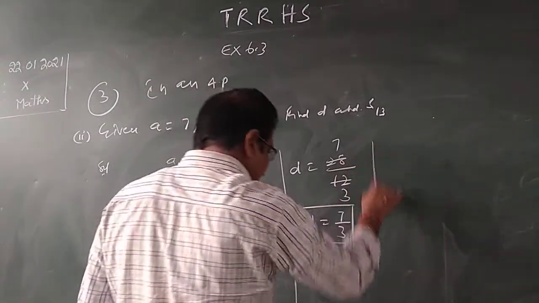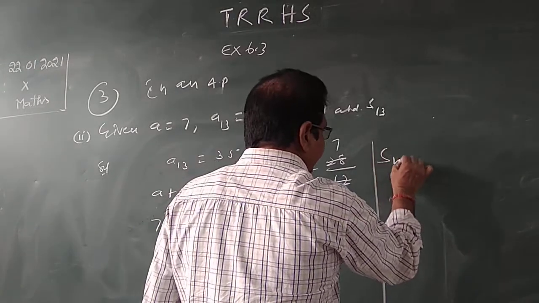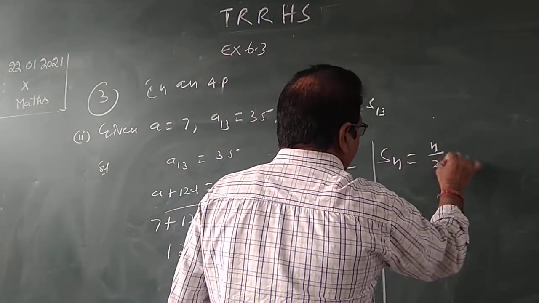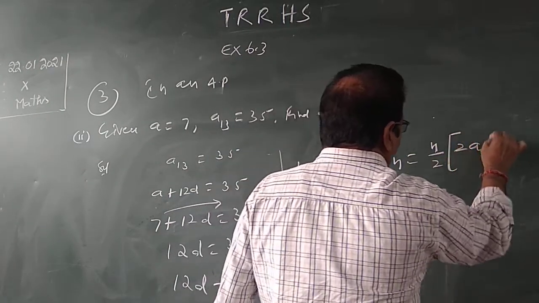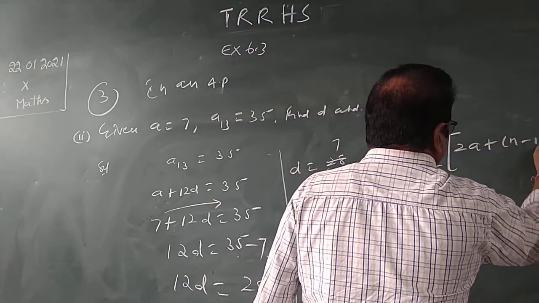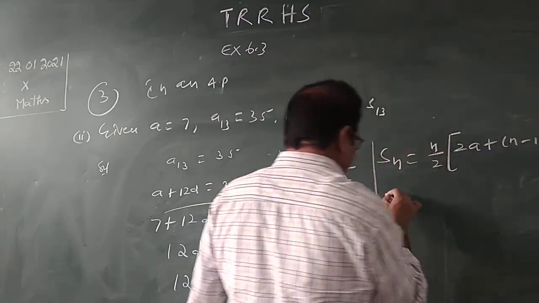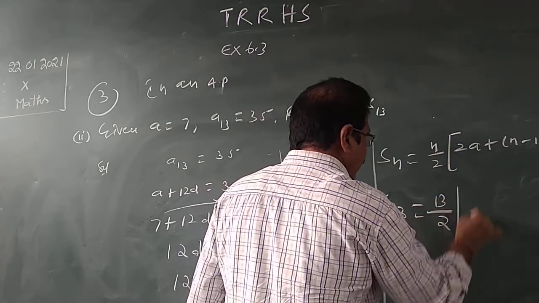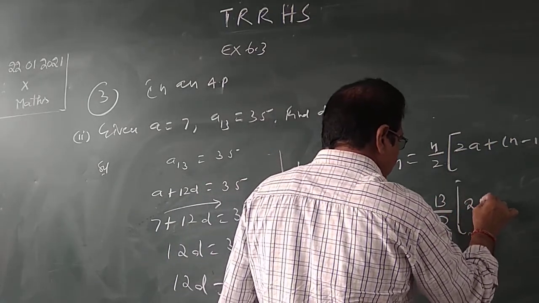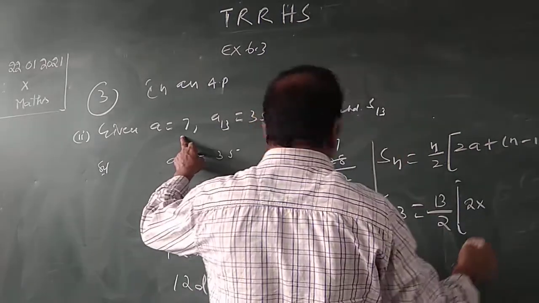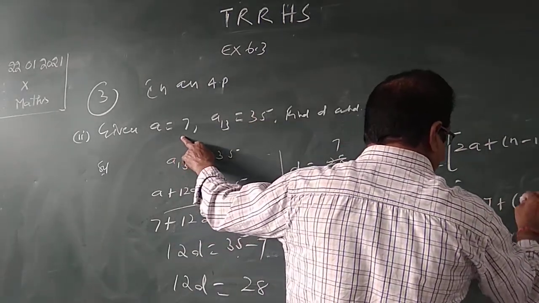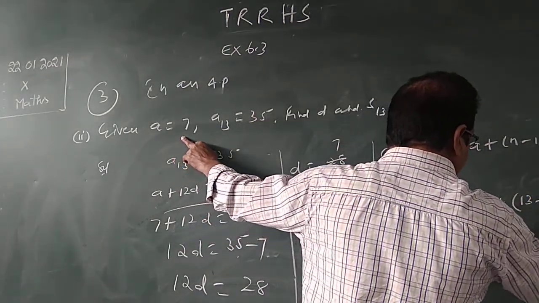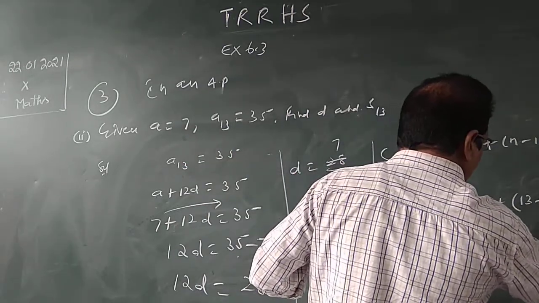Sum of the 13 terms. We know the formula: Sn is equal to n by 2 into 2a plus n minus 1 into d. S13, put n is equal to 13. 13 by 2 into 2 into a, a value 7, plus n minus 1, 13 minus 1 into d, d value got 7 by 3.